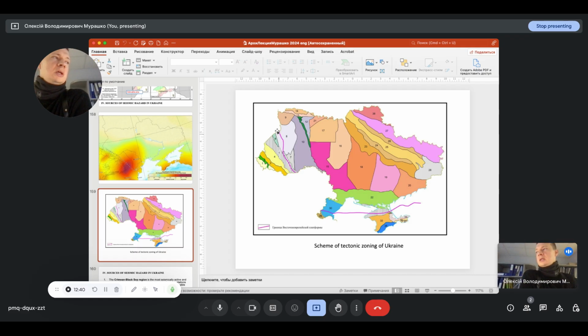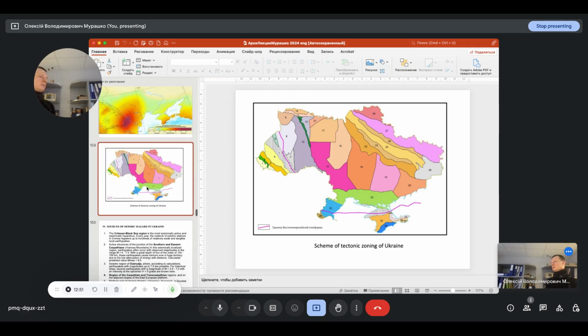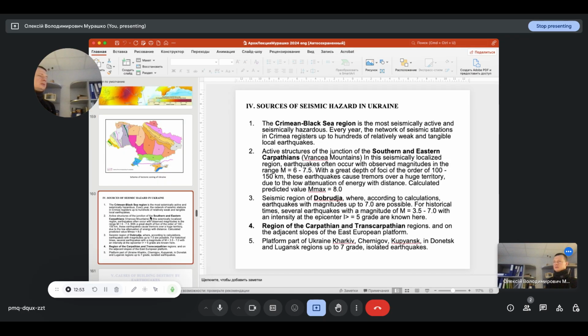But here you can see the main crack between big tectonic plates, and this crack gives the most part of problems with the seismicity in Ukraine.